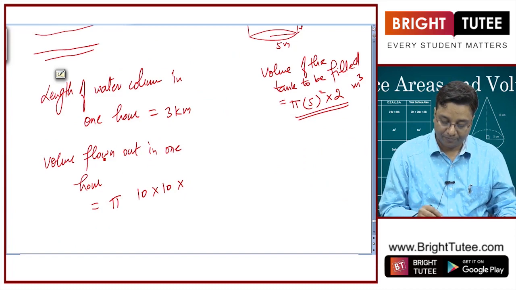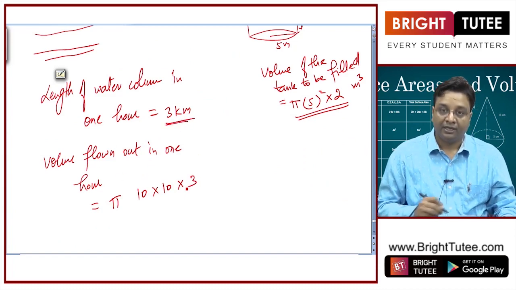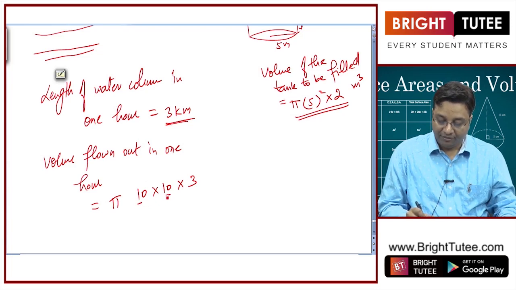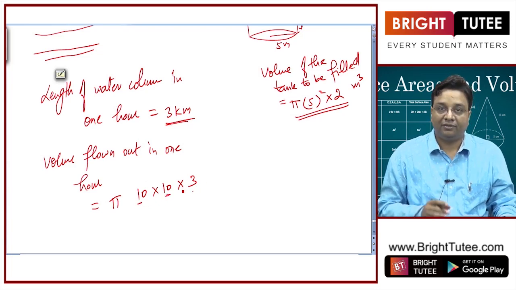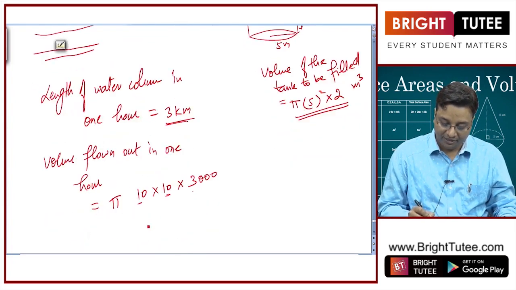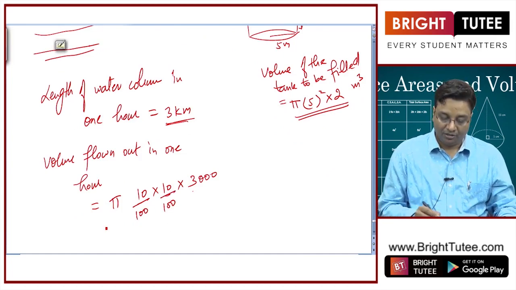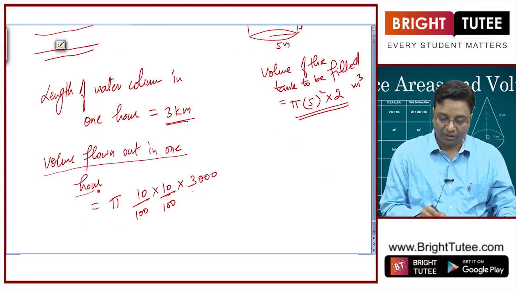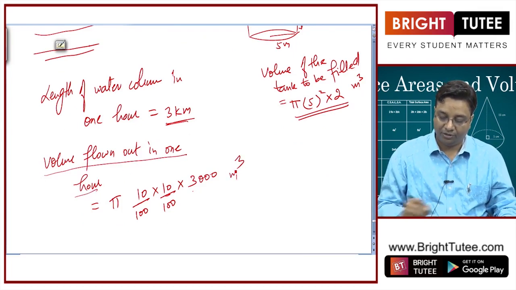Okay. So length of water column in 1 hour is 3 km. Now this dimension is in centimeter, this is in kilometer. So let's convert these into meters. So 3 km can be written as 3000 meters and 10 centimeter can be written as 10 by 100 meters. So this much volume is flown out in 1 hour, it is in meter cubes.